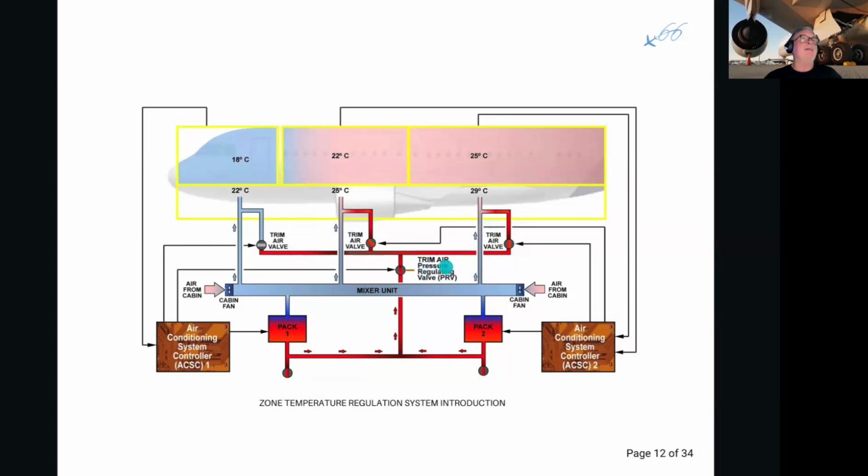All right, now this one is not only a master trim air valve, it's also a pressure regulating valve. Why is it pressure regulating? Because remember we said the air coming out here is at 35 psi. You can't have 35 psi coming through the riser ducts, blowing at you at 35 psi. It's too much.